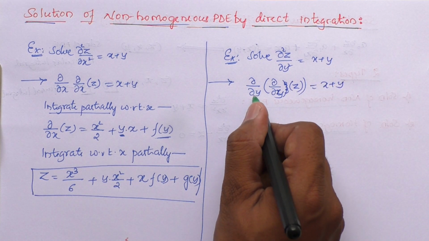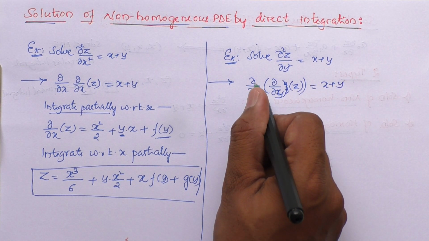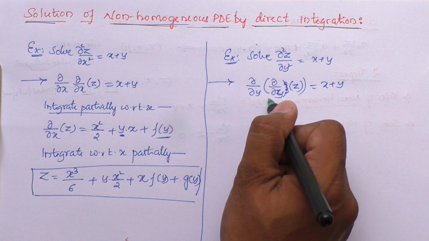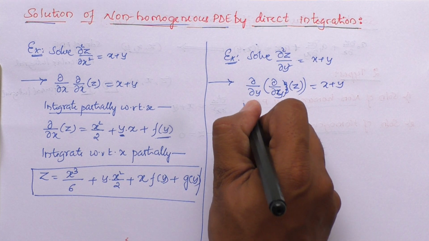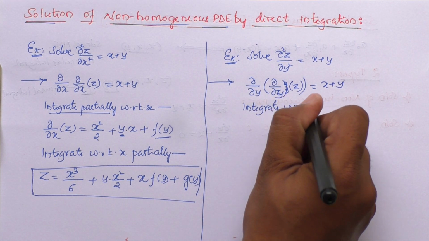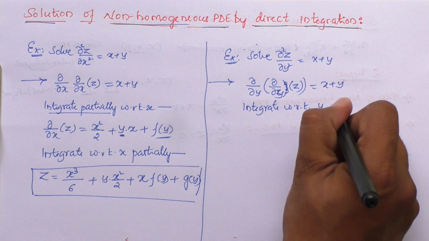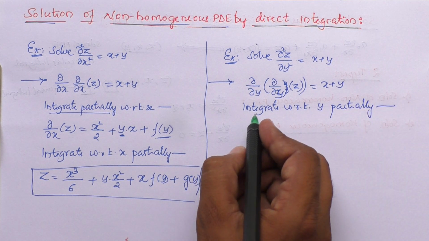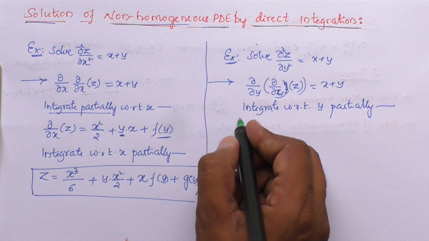So here the derivative operator is ∂/∂y. Through the process of integration, remove these operators. So for that, integrate with respect to y partially. So if you integrate, one derivative is removed.